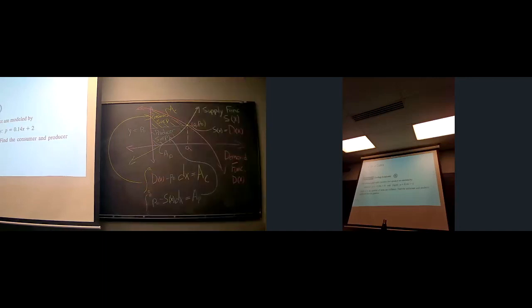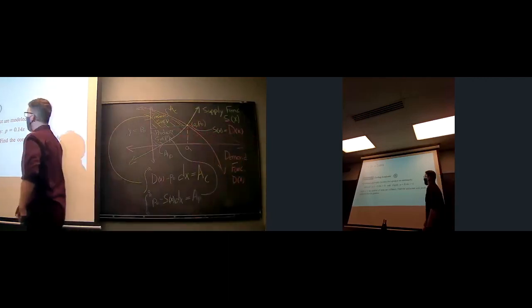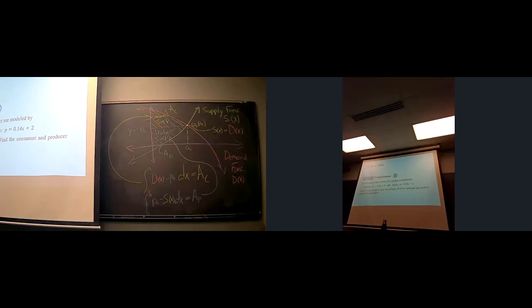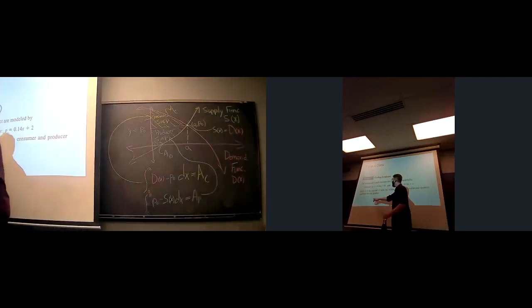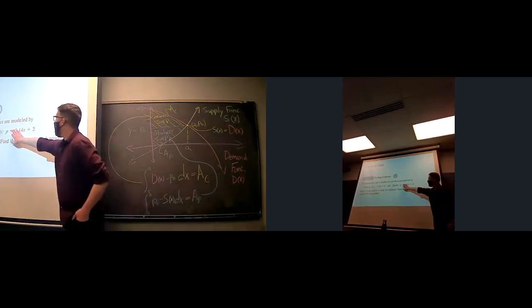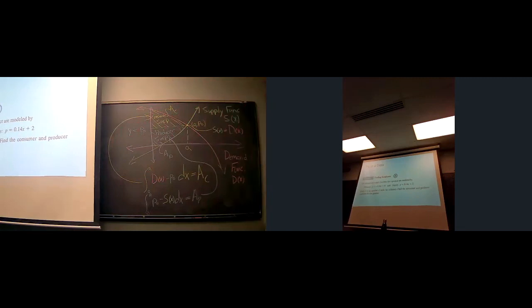So, with this in mind, we are given an example where we have a demand function and a supply function. Remember here with demand functions and supply functions that x is going to be the number of units and P is going to be the cost, or the price, rather.